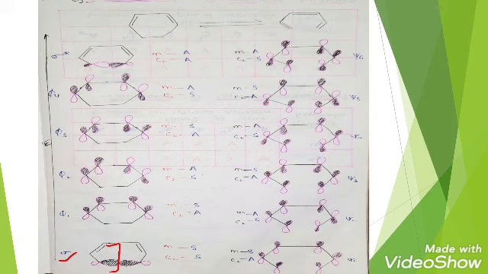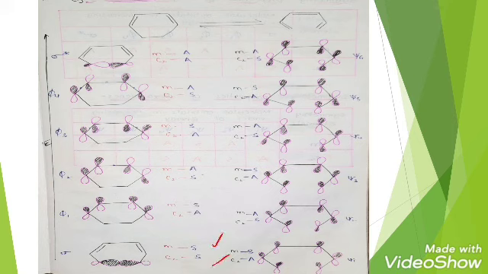So these sigma orbitals are symmetric with respect to the mirror plane, and also these 2 orbitals are symmetric with respect to the C2 axis. The C2 axis is nothing but the center of inversion for those molecular orbitals. So sigma is symmetric with respect to the mirror plane and C2 axis.